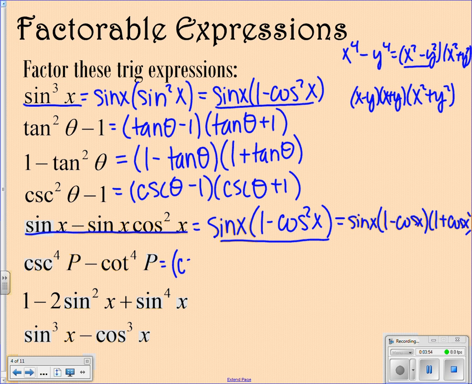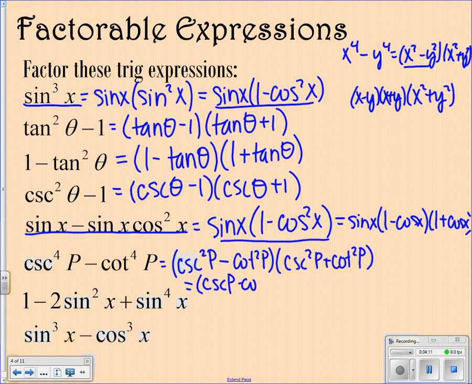We're going to make it the cosecant squared of p minus cotangent squared of p times cosecant squared of p plus cotangent squared of p. But then this one would factor further as cosecant p minus cotangent p times cosecant p plus cotangent of p, and then cosecant squared p plus cotangent squared of p. So that would be how that would factor.